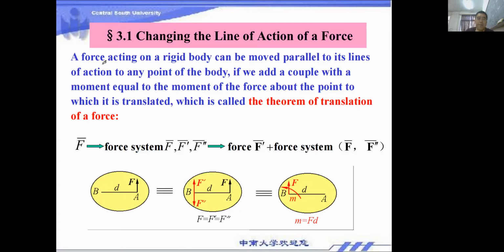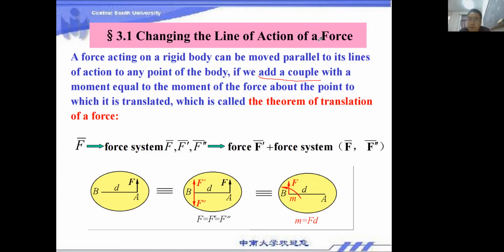So let's see, a force acting on a rigid body can be moved parallel to its line of action to any point of the body if we add a couple. You see? Because after changing the line of action of a force, we should always fulfill a condition. What condition?